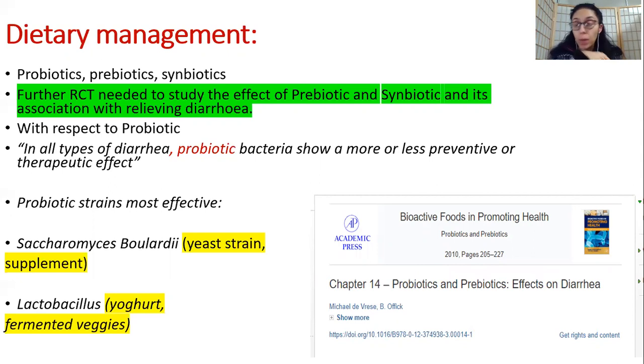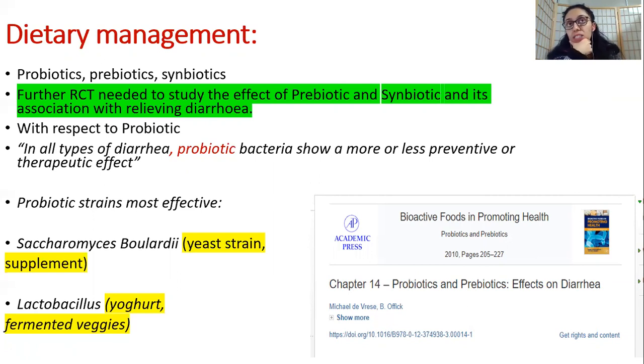Fermented veggies have also shown research in the management of diarrhea, for instance fermented cabbage, sauerkraut, and kimchi. And you may have yeast strains which have also shown good research.